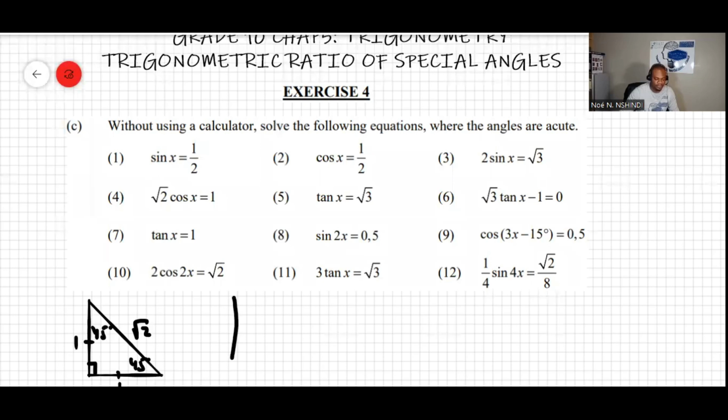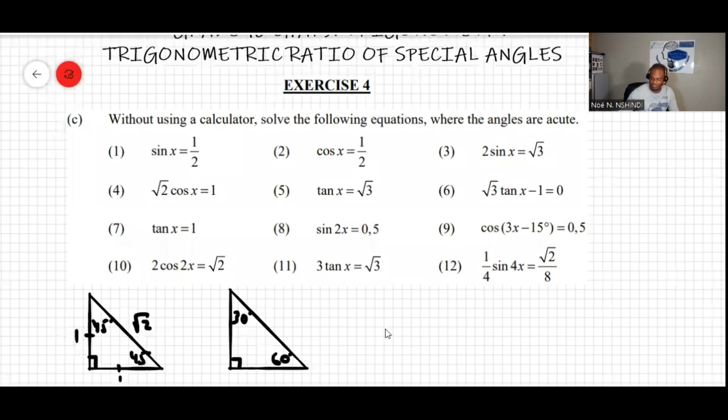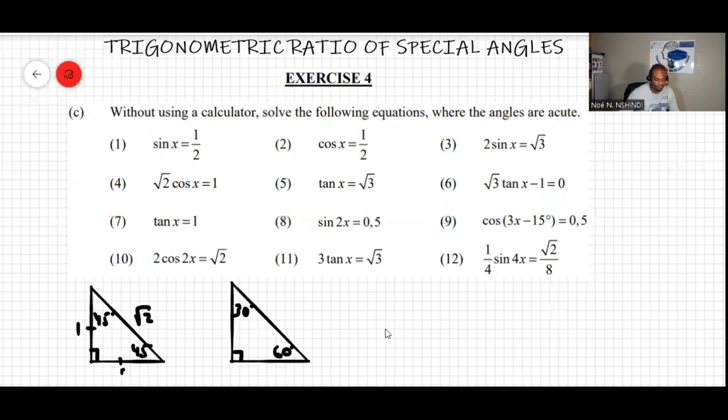And then I have another right angle triangle there, that's going to be 30 degrees and 60 degrees. And then the sides will be 1, and then 2, and then there's going to be root 3. And then we also know that sine of the angle is opposite over hypotenuse, sometimes written as y over r.